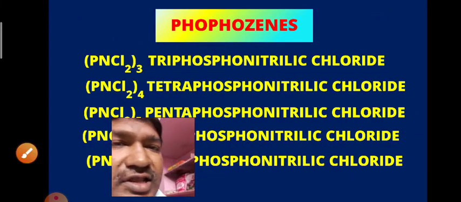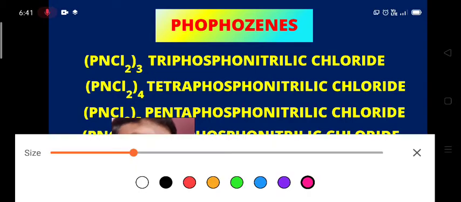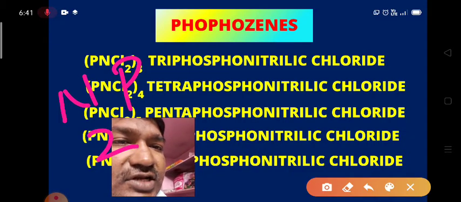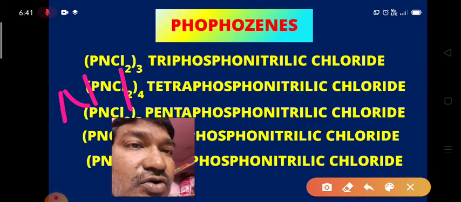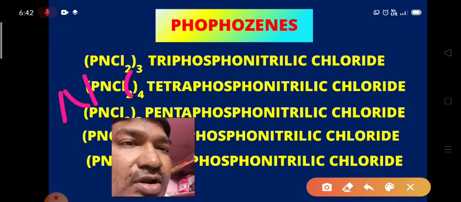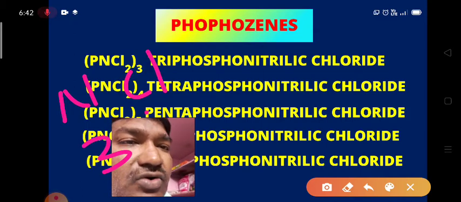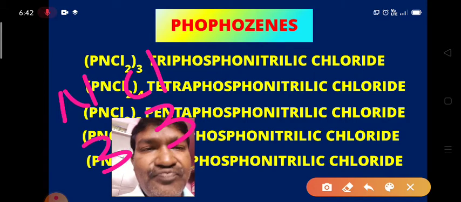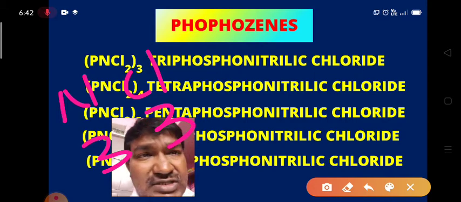Nitrogen and chlorine have the same electronegativity, 3 and 3.